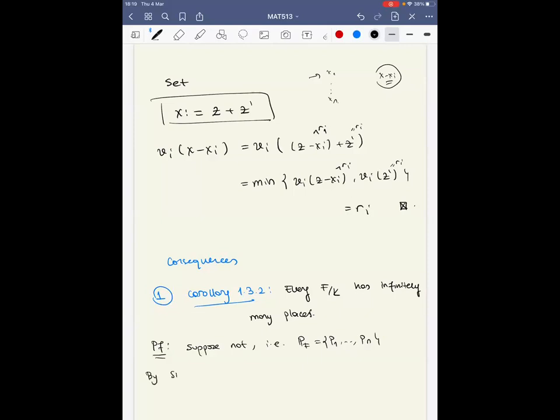And by step 1 in the proof of the previous theorem, we can choose a function z which has a 0 at P1 and poles at other remaining places.